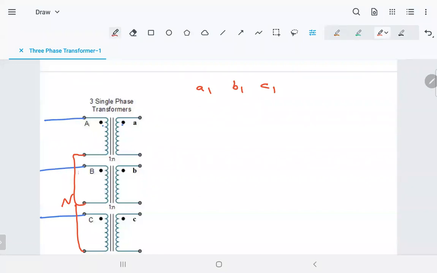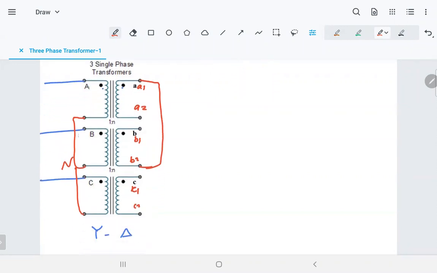So that's A1, and that's A2, and that's B1, and that's B2, and that's C1, and that's C2. So I connect A1 to what did you say in the other diagram? We connect the first to the end. So A1 is connected to B2, right?